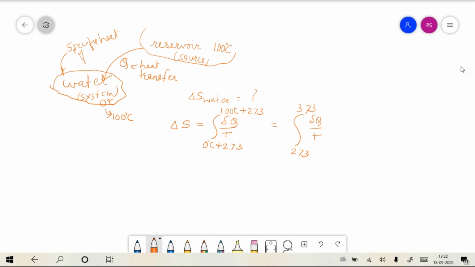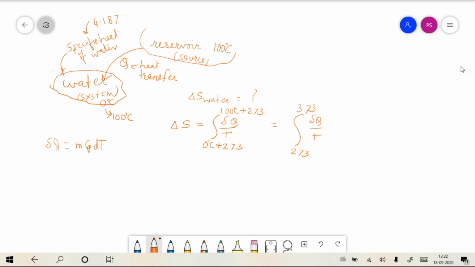You studied in physics that specific heat of water is 4.187. Elemental del q would always be m cp dT.